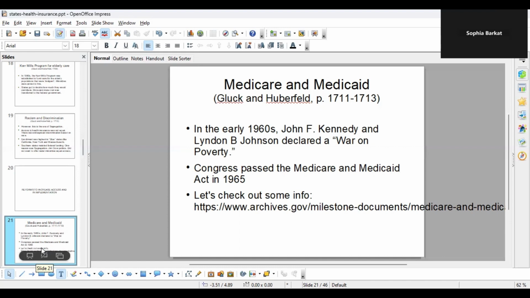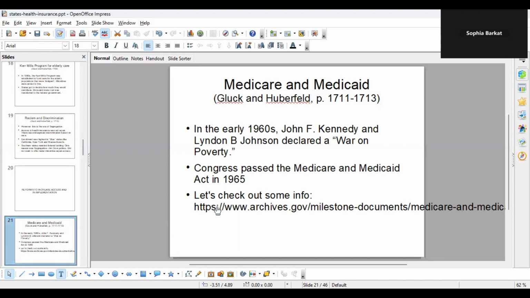And so this had to end. And so Medicare and Medicaid became one way to increase inclusion of minority groups that had been disenfranchised before. So Congress passes the Medicare-Medicaid Act in 1965.